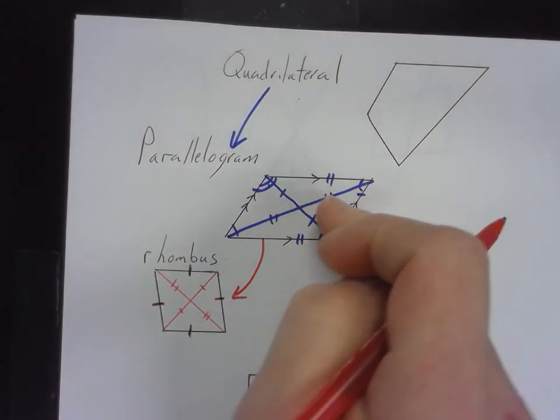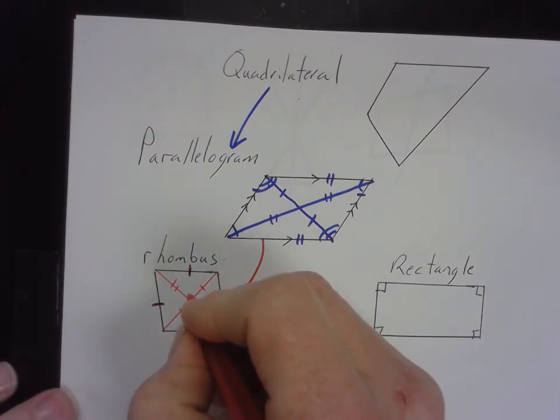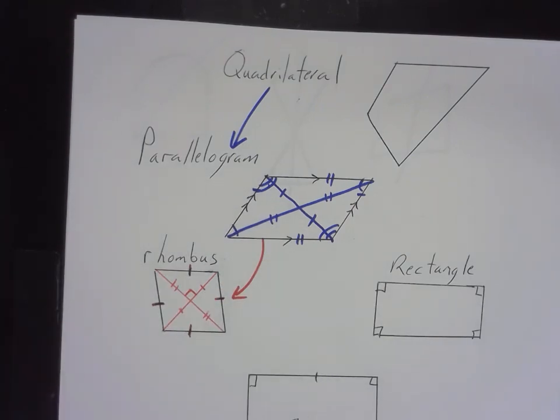Can you see what it is? To make it a rhombus, all 4 sides are the same length, but there's something special about the diagonals of a rhombus. What did you say? They're perpendicular. Yeah, that's right. The diagonals are perpendicular in a rhombus. That doesn't happen if it's just a parallelogram. It only happens if it's a rhombus.